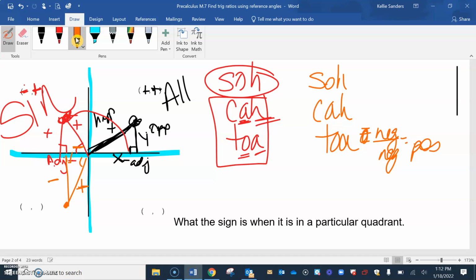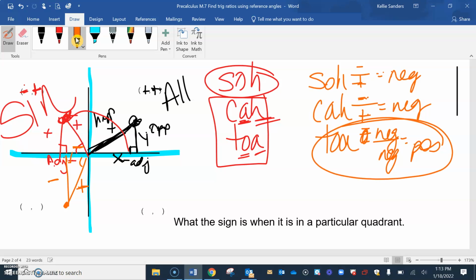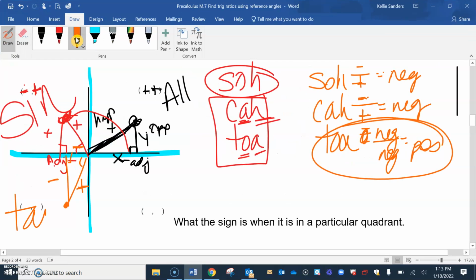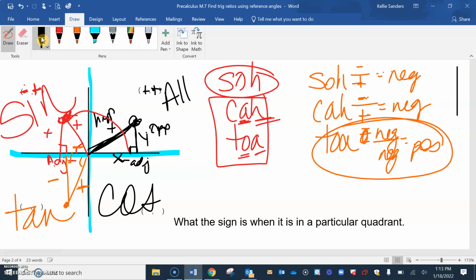That is positive. And this would be a negative over a positive, which is negative. This would be a negative over a positive, which is negative. So the only thing positive in the third quadrant is tangent. And if I did the same thing here, the only thing that would be positive is cosine.